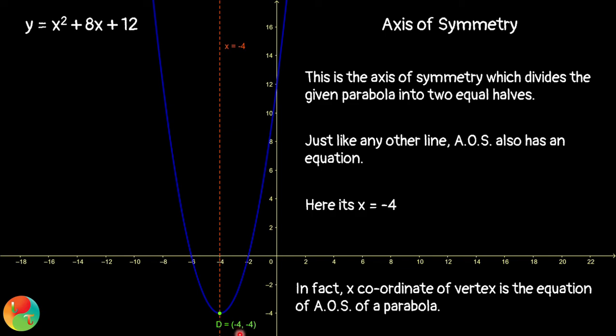So coincidentally, the x and y coordinates of the vertex over here are both equal to -4, but only the x coordinate of the vertex is the equation of the axis of the parabola. In this case, the x coordinate is equal to -4. So the axis of the parabola has an equation x is equal to -4, which shows that this axis is perpendicular to the x-axis and parallel to the y-axis and passing through -4 at the x-axis.